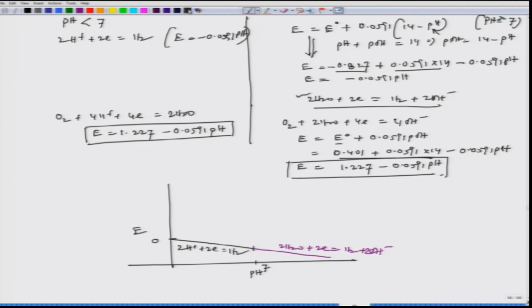Similarly, if we consider this reaction at 7 pH, they will be parallel because in both cases the slope is 0.0591.